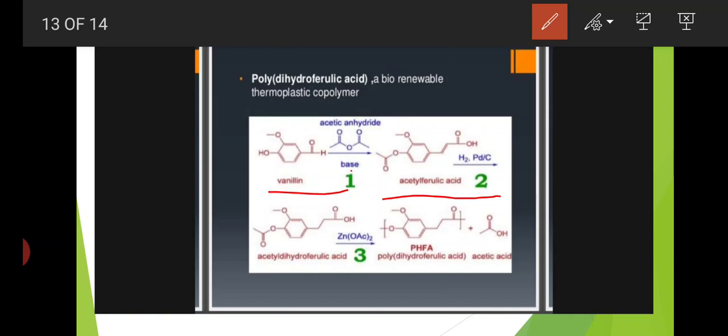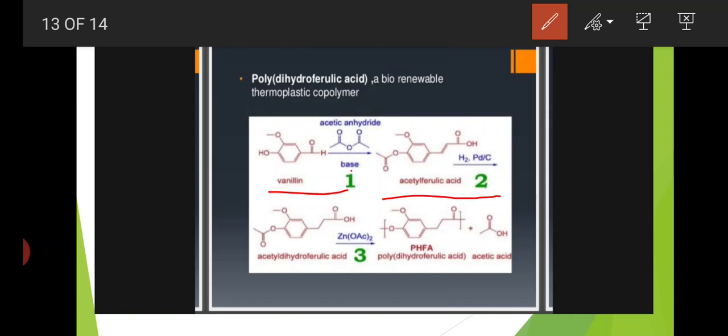This acetyl ferulic acid reacts with hydrogen and palladium and forms acetyl dihydroferulic acid. This acetyl dihydroferulic acid reacts with zinc acetate and forms polydihydroferulic acid. This is a biorenewable thermoplastic copolymer.